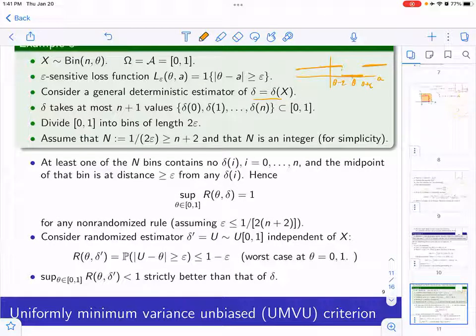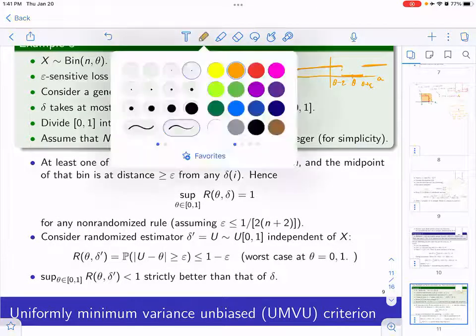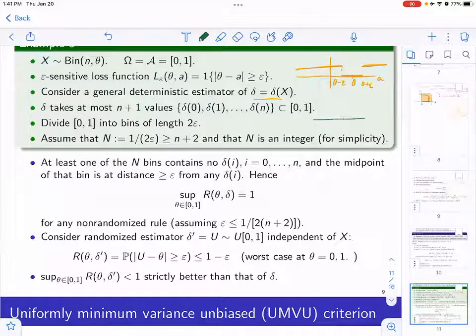So we can divide the 0, 1 interval into bins of length 2 epsilon. I divide it into bins, 2 epsilon each.